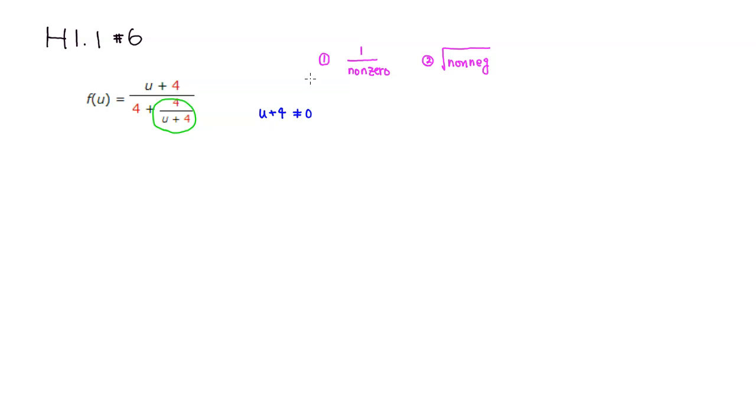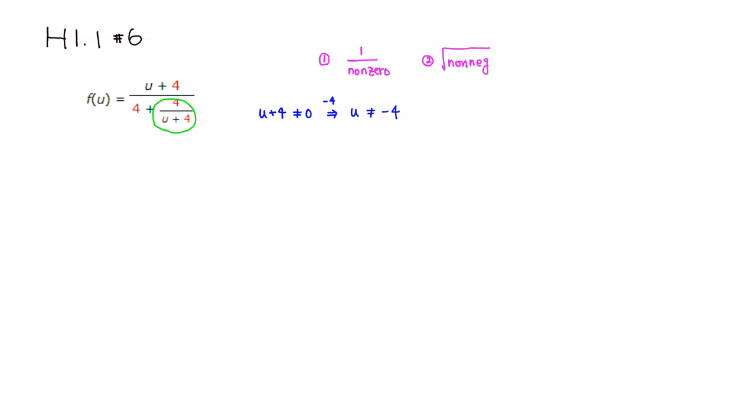It has to be non-zero. We can solve this just like an equation and isolate u. Subtract 4 from both sides, so u cannot be equal to negative 4. So one restriction is that we cannot have negative 4.